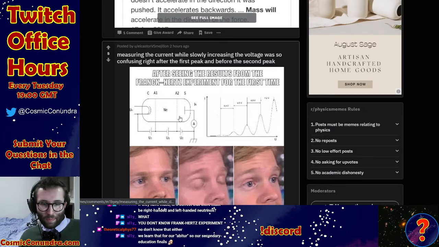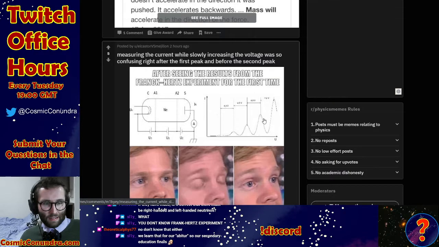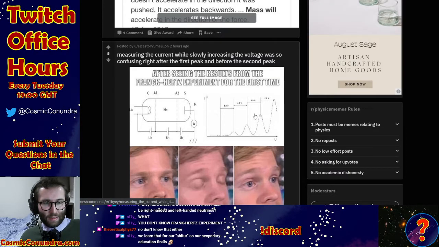There are more batteries involved in the cell. So when you've got a lower voltage, it's not as ionized, so it can only jump this far, so you get the first bump. Then when you go further, it can jump further, and you've got two cells, so now you get a higher max current. Yeah, I don't really know.